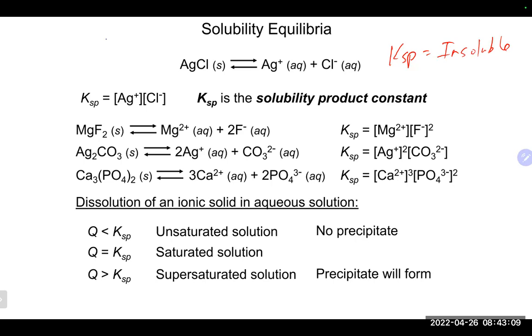So one of the things with Ksp type of things, because they really are for guys that are insoluble, is that a couple of things always occur. When you write the reaction for Ksp type problems, it always ends up like we see here. On the reactant side, it's always the solid. And on the product side, it's always the aqueous ions.